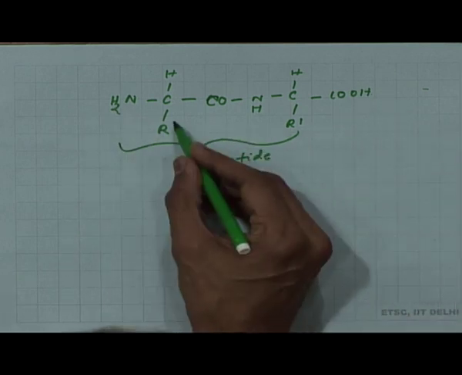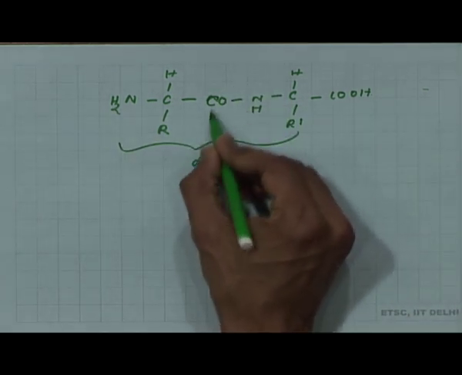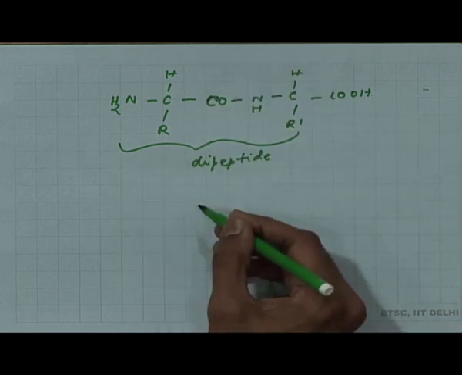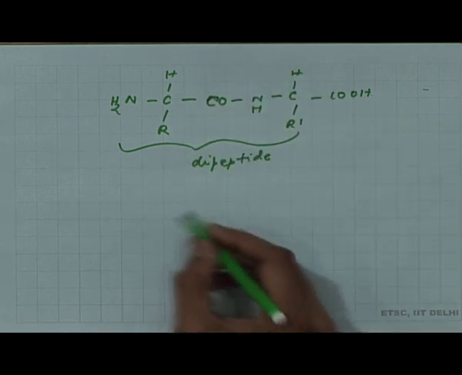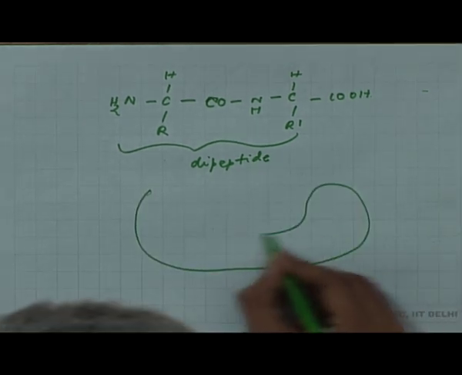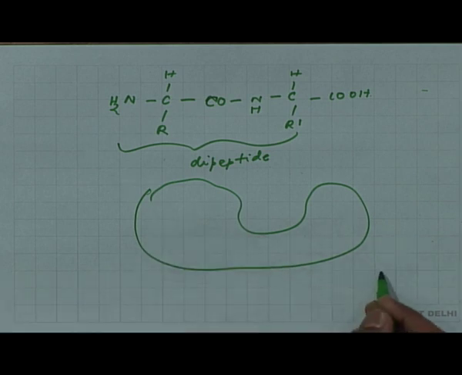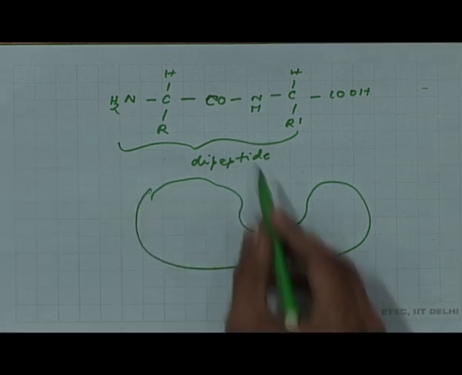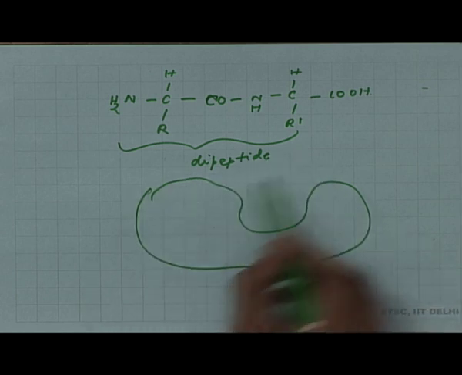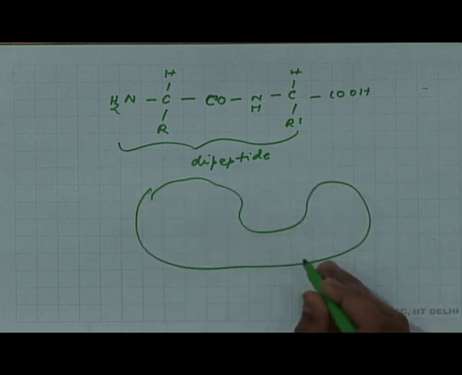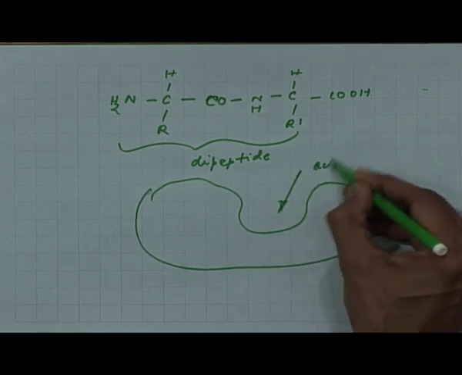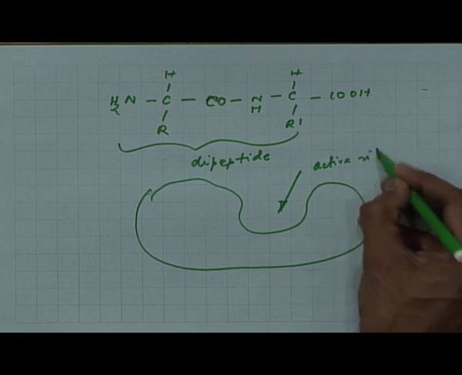Because of restricted rotation about these bonds, enzymes have very interesting shapes. So, you could have enzymes which look like this. This is made up of these polypeptide chains which curl up to give you some very interesting shapes, and this is what might be called an active site of the enzyme.